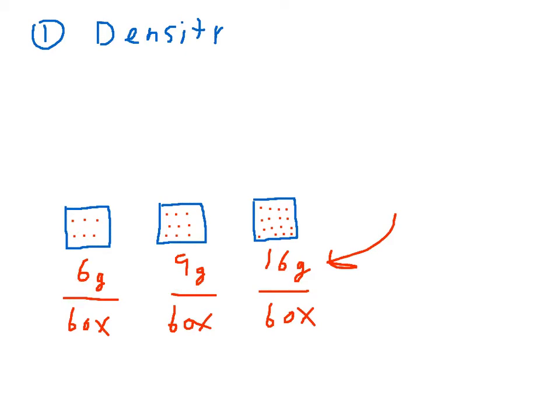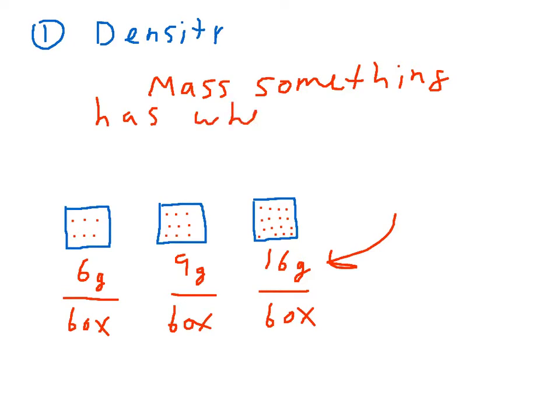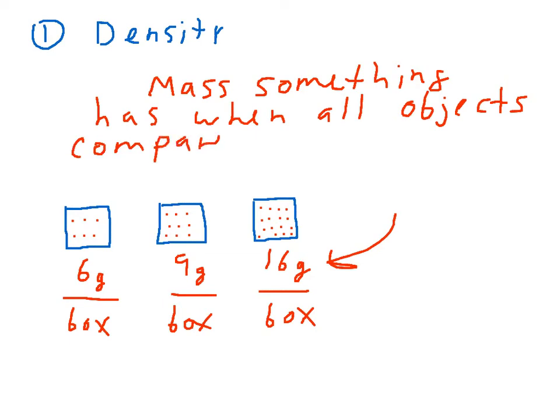So density basically is the amount of mass something has when all objects compared are the same size.